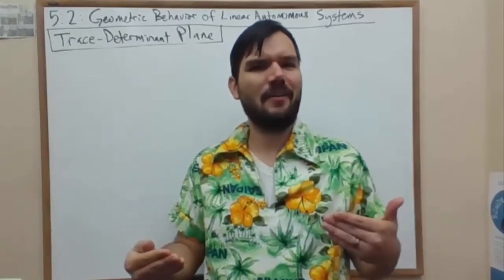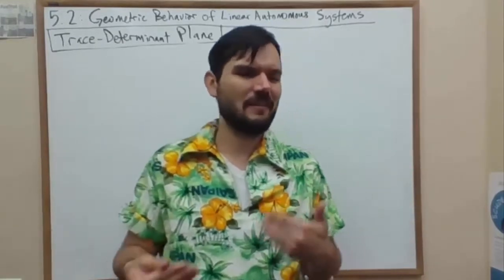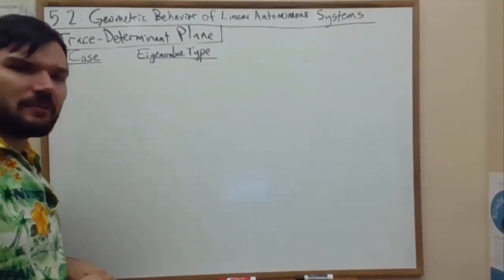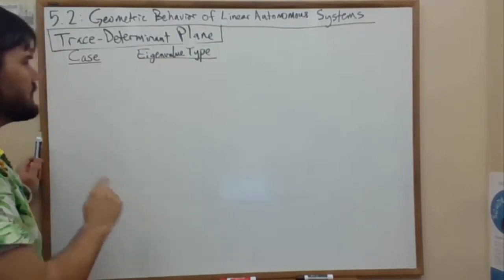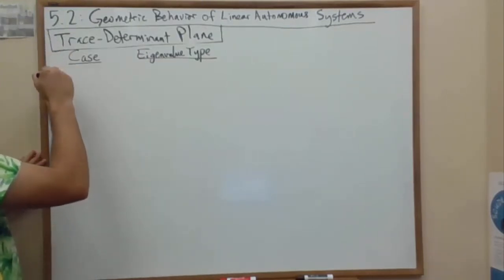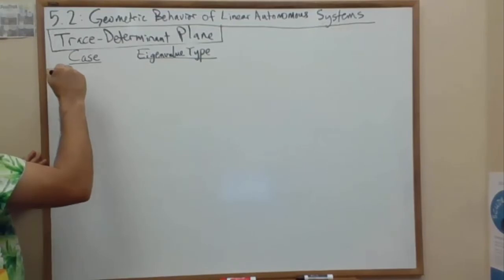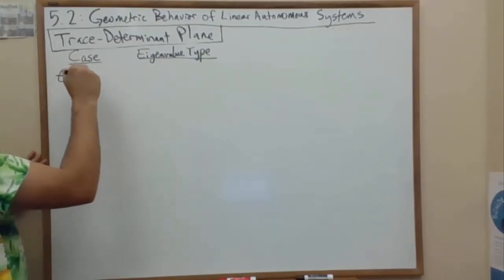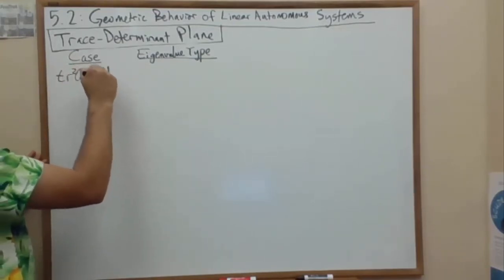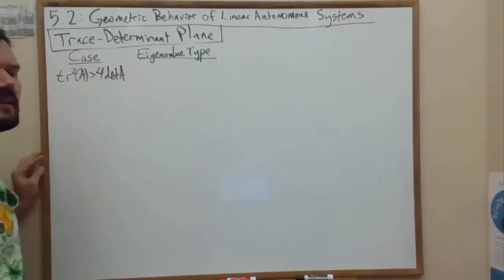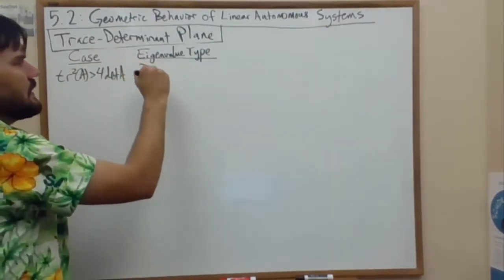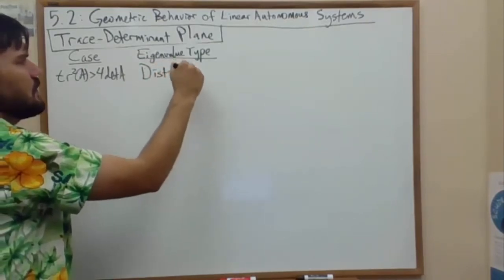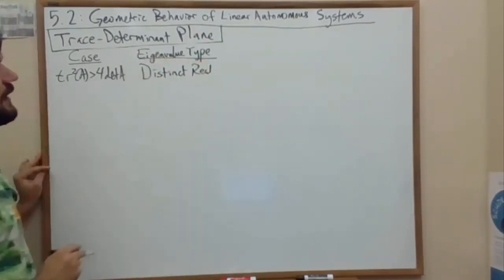So let me go back to how we've related the trace-determinant before. We had three cases when dealing with the linear homogeneous equations. We first had the trace squared of the matrix greater than 4 times the determinant of A. And this is the type where we had distinct real eigenvalues.